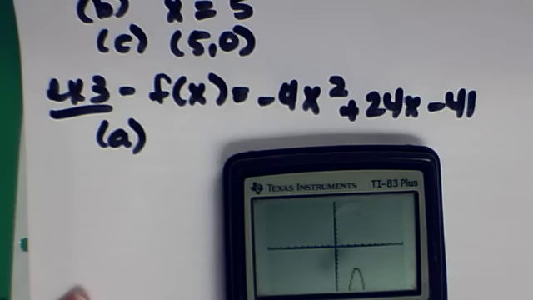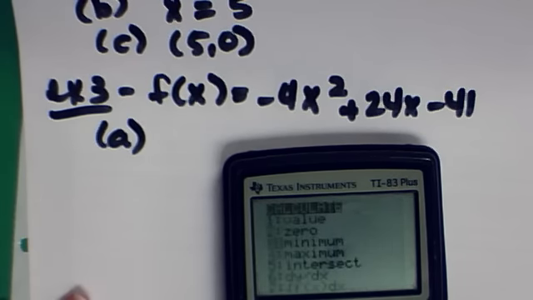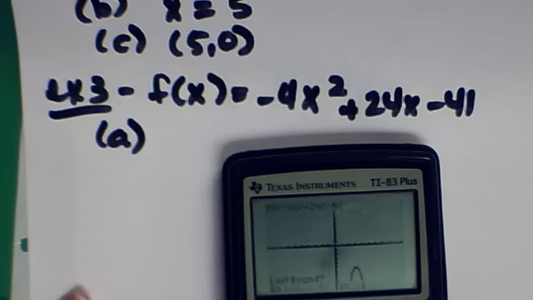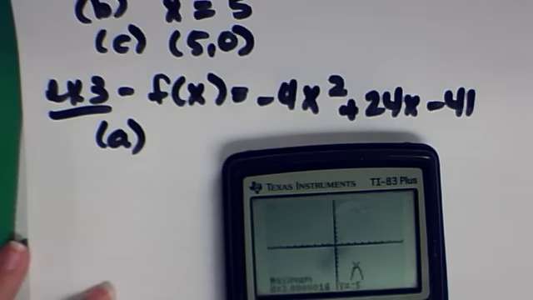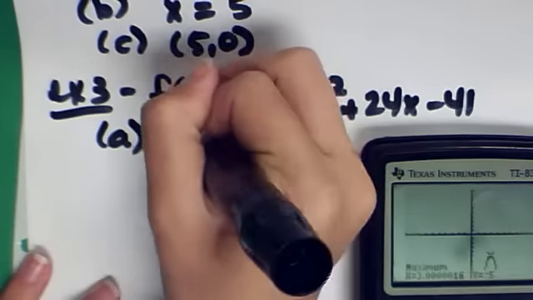When I do that, I can see that my little graph is right here, and it's a maximum. So I'm going to go to second trace, maximum. Pick a point on the left, pick a point on the right, and enter. And that maximum is at 3, negative 5.